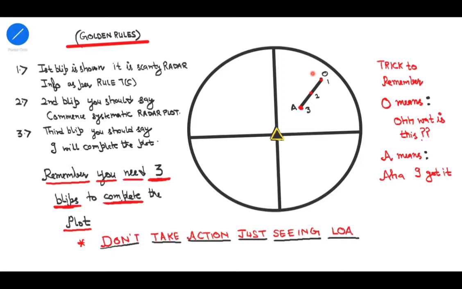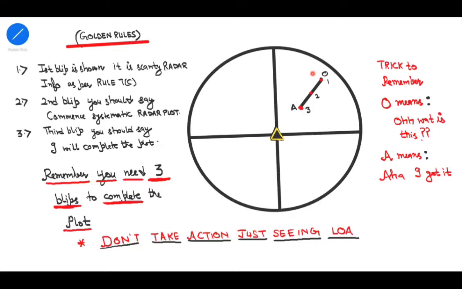Tell the surveyor that, sir, it is scanty radar information as per 7C, and 7C says that assumptions shall not be made on scanty information, especially scanty radar information, and a special significance has been given to scanty radar information in that particular paragraph, right?